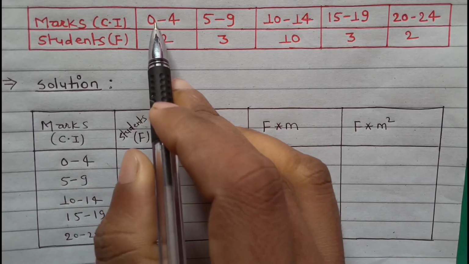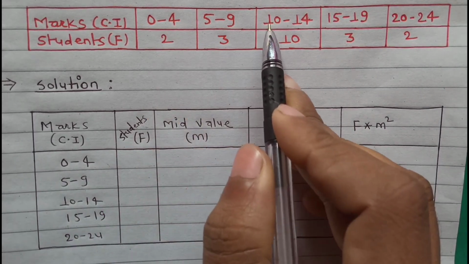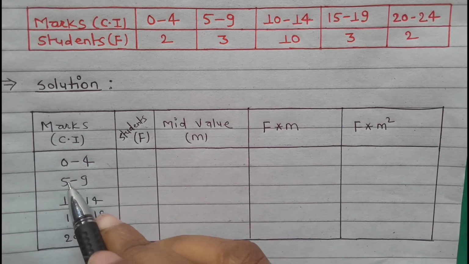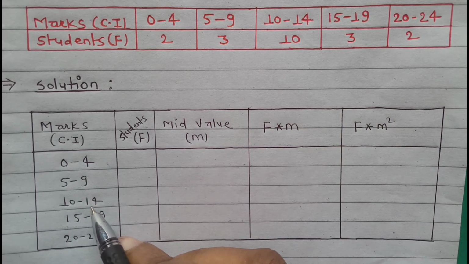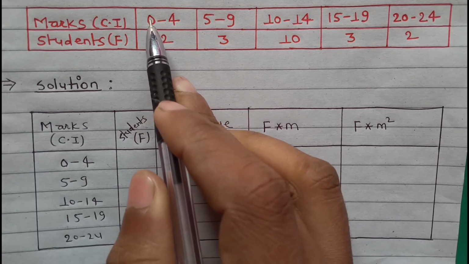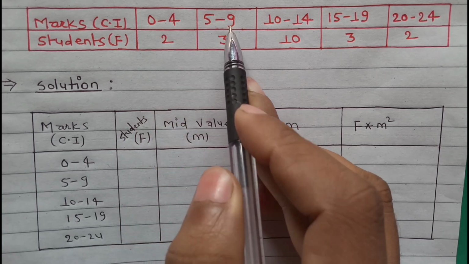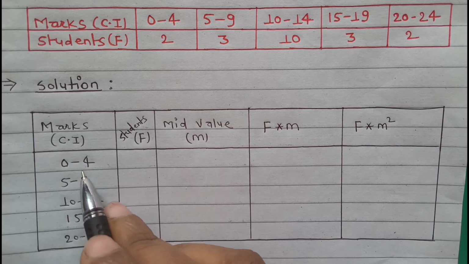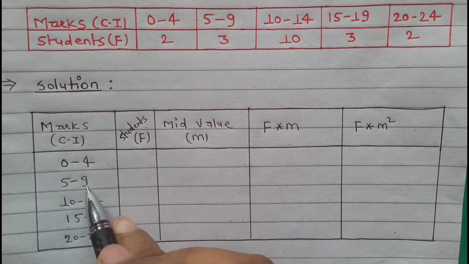If the data is 0 to 10, 10 to 20, 20 to 30, then you have to write 0 to 10, 10 to 20, 20 to 30. Clear? If the data is 5 to 10, 10 to 15, 15 to 20, then you have to write 5 to 10, 10 to 15 like that.